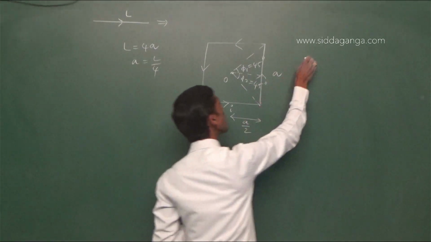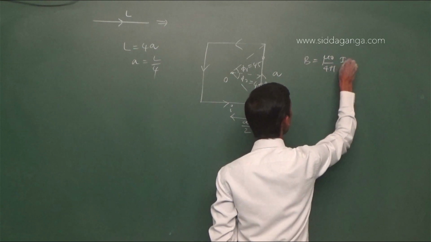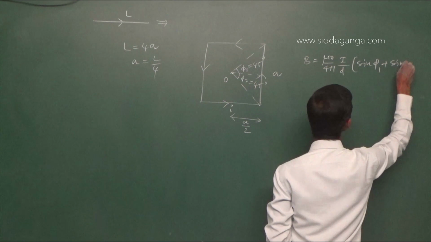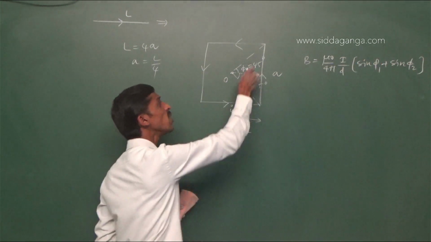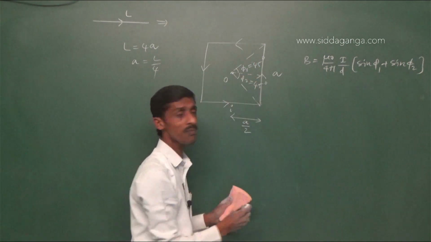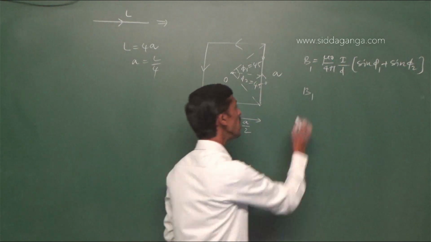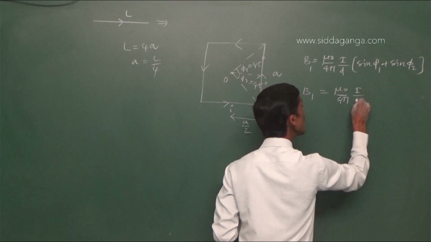So what is the magnetic field due to a finite length? Mu naught by 4 pi I by d into sin phi 1 plus sin phi 2. This is the general formula. As both angles are equal, 45, 45, B1, let me say, due to one side, is equal to mu naught by 4 pi I by a by 2. Why?